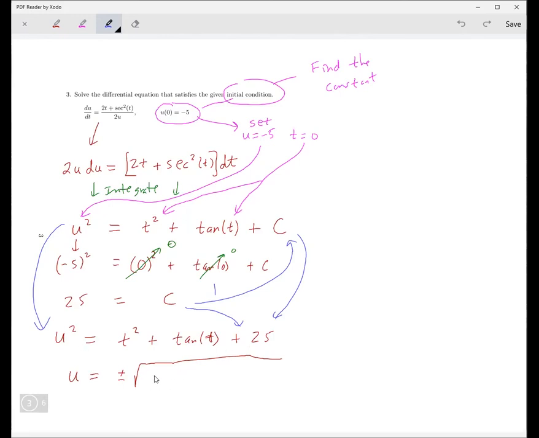So you have the equation here. And they want you to go a step further, and so here, you extract square roots, you get this.